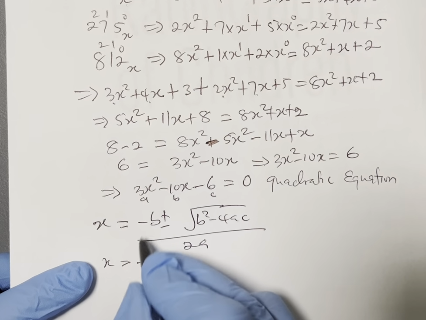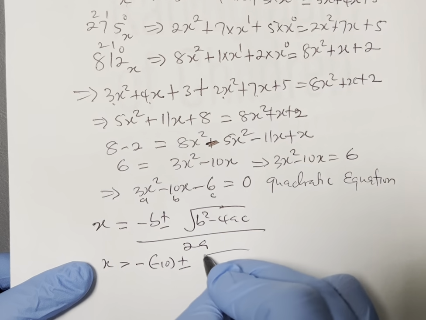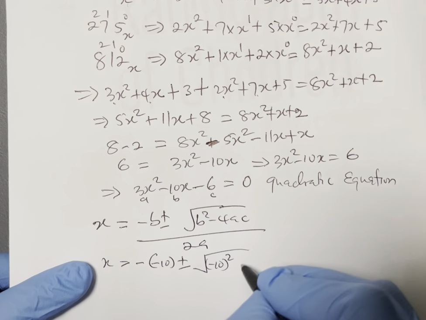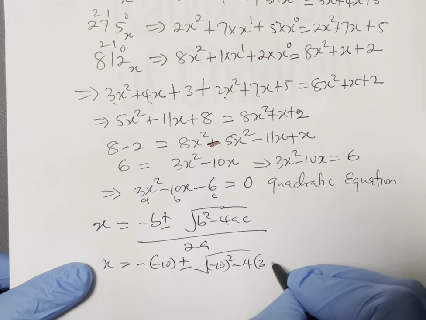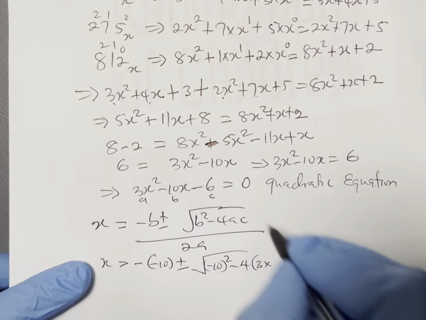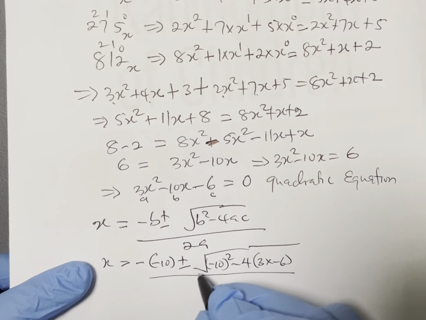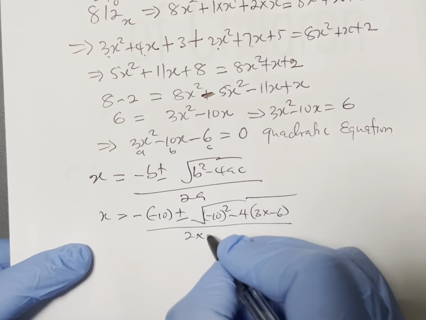Remember there's minus 10 here and there's minus here, so that's why I'm putting a bracket, plus or minus square root of, then b is minus 10, square it, minus 4 times a, which is 3, then times 6, minus 6 is c, minus 6, divided by, then 2a, 2 times 3.